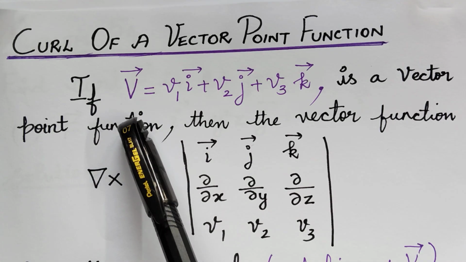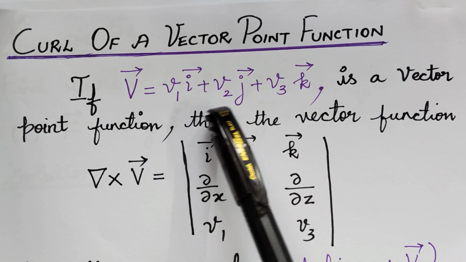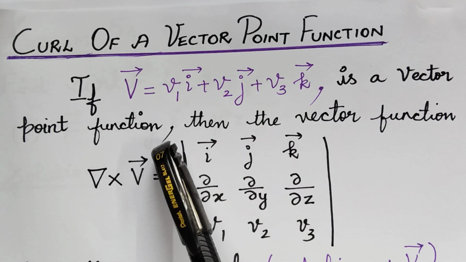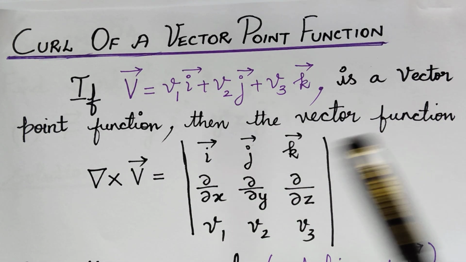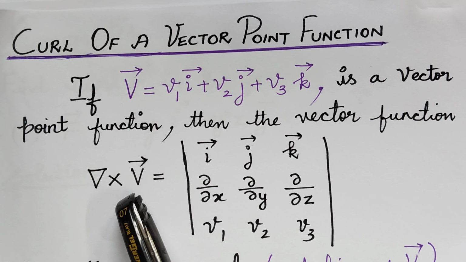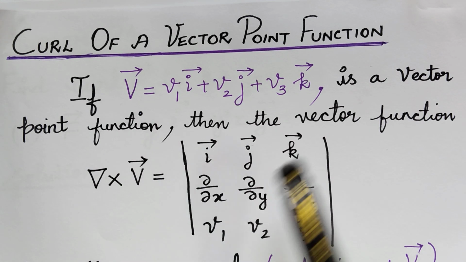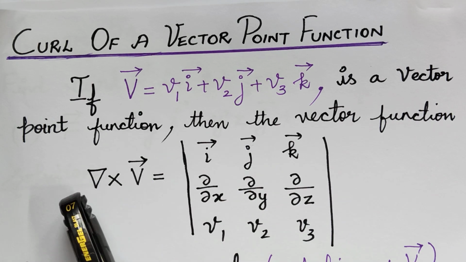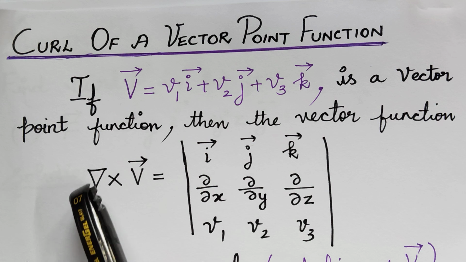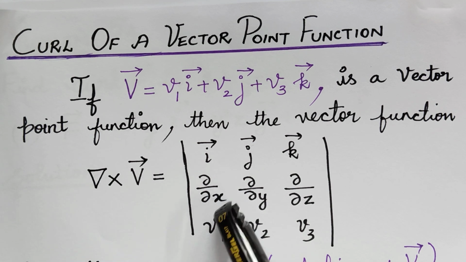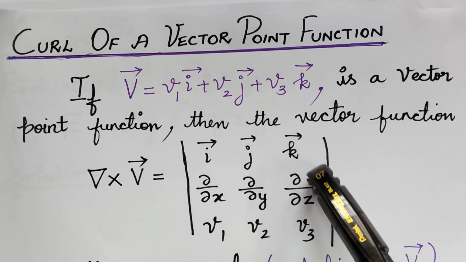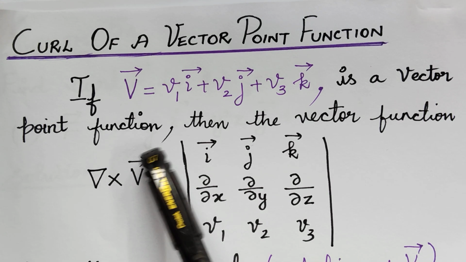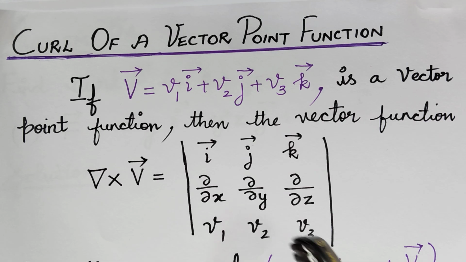If the vector v is given by v1 i vector plus v2 j vector plus v3 k vector, which is a vector point function, then nabla cross v is given by the determinant with rows i, j, k; the components of del, which are ∂/∂x, ∂/∂y and ∂/∂z; and the components of v, which are v1, v2, v3.